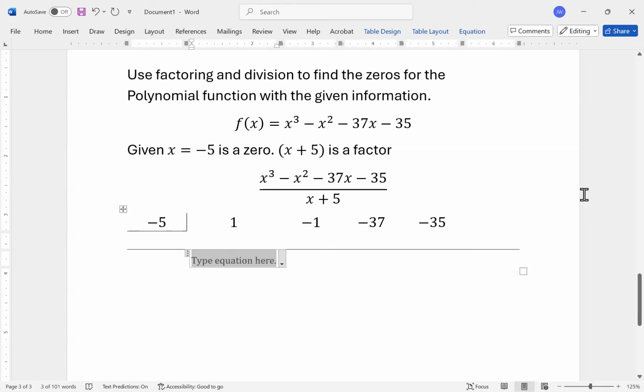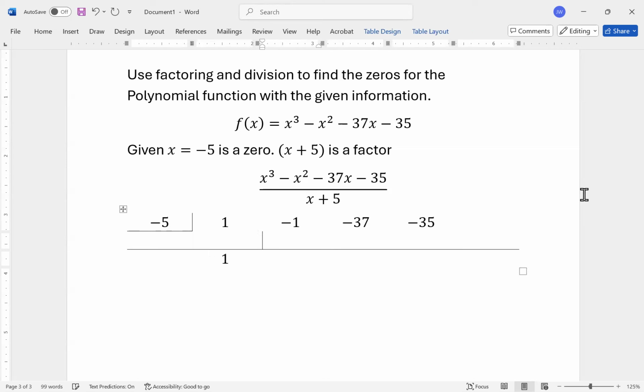1 drops straight down. Then I multiply by a negative 5. Negative 5 times 1 is negative 5. Add up negative 1 and negative 5 to give you a negative 6. Negative 6 times negative 5 is a positive 30.